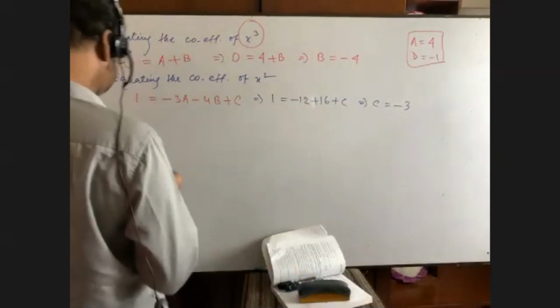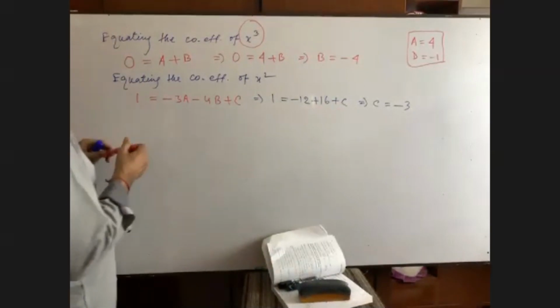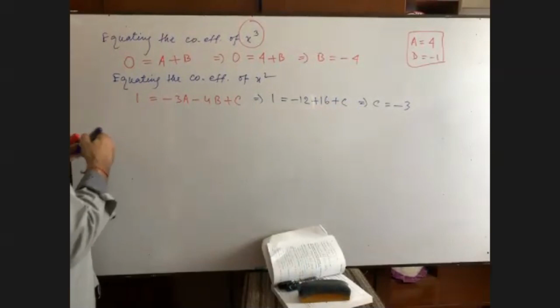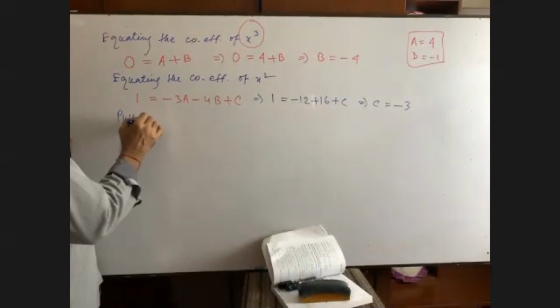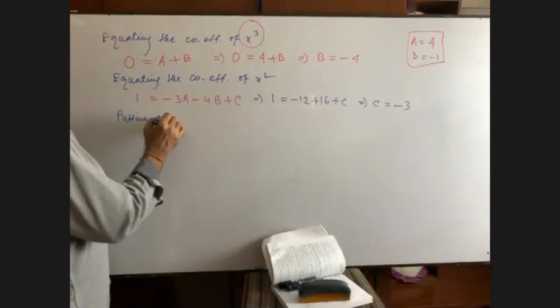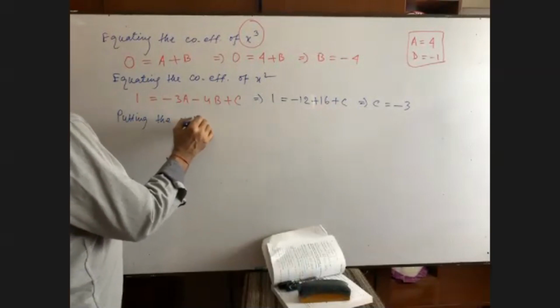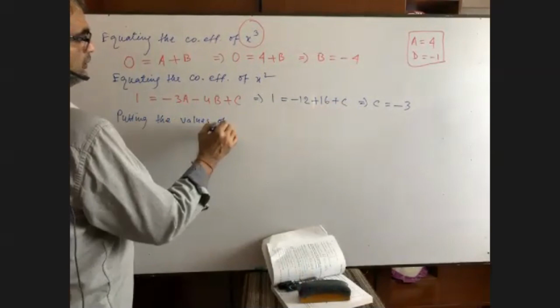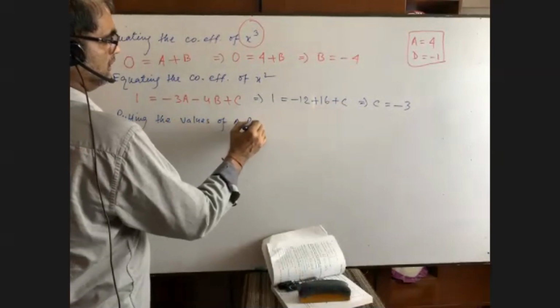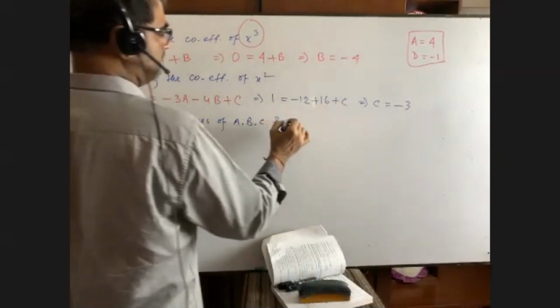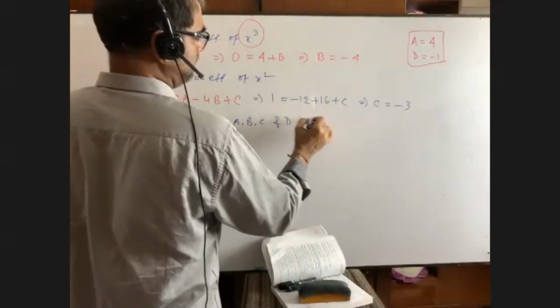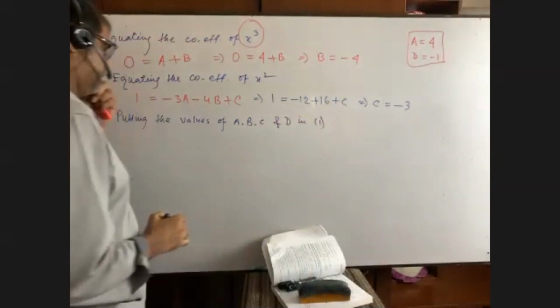Now from 1, putting the values of A, B, C, and D in 1, write down.